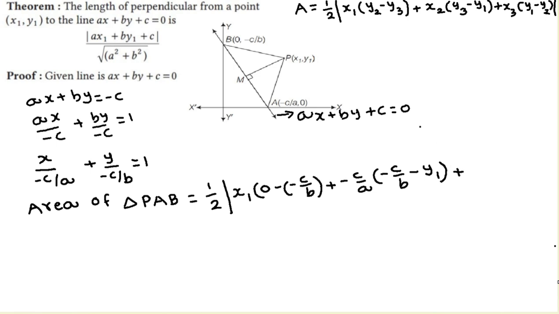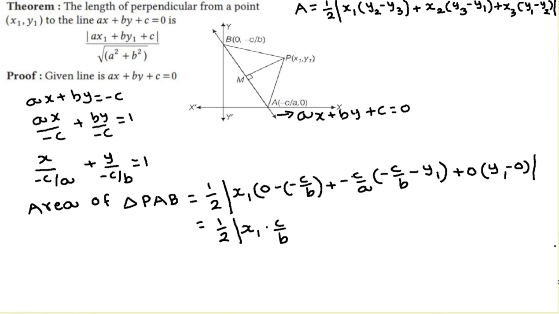Plus x3. The value of x3 is 0, times (y1 minus y2), where y1 is y1 and y2 is 0. Now let's simplify it. Half of x1 times c by b.